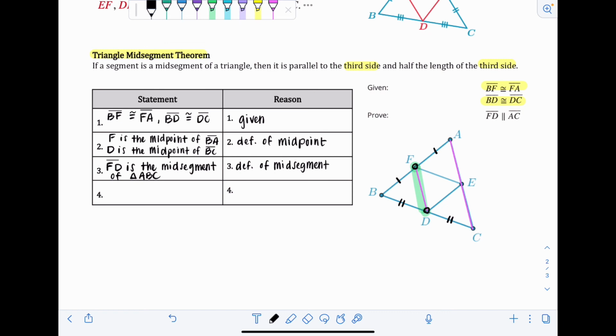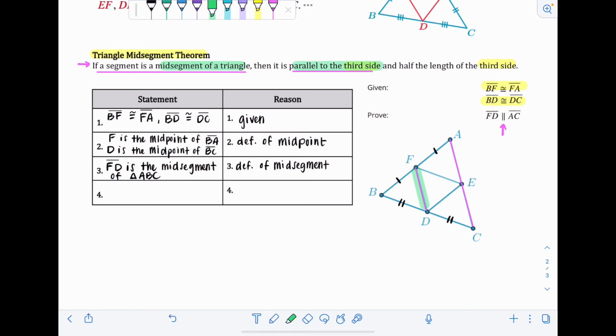Okay, and then before we go to 4, I just want to read through the triangle mid-segment theorem one more time. Remember, ultimately we're trying to prove that segment FD, which is this one, is parallel to segment AC, which is this one. We just learned a new theorem: if a segment is a mid-segment of a triangle, which FD is, then it's parallel to the third side.